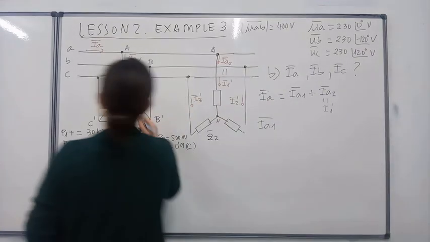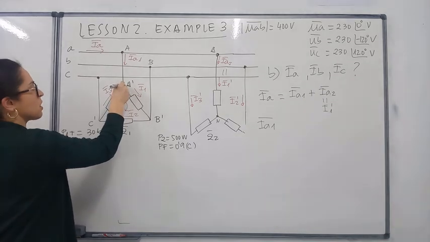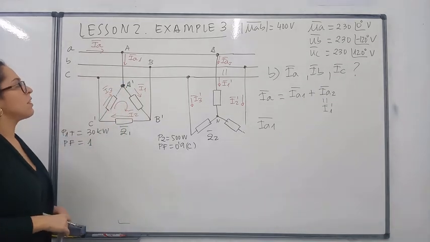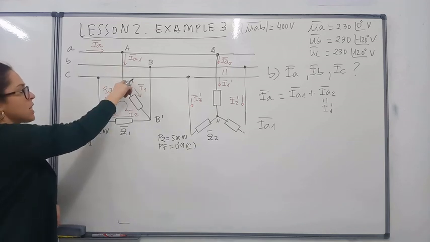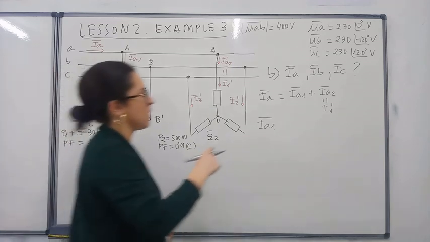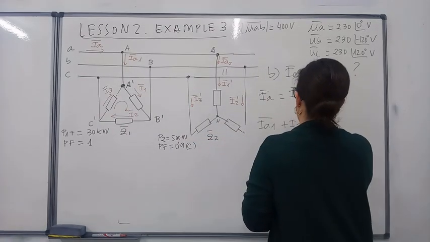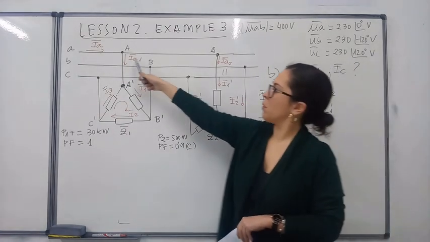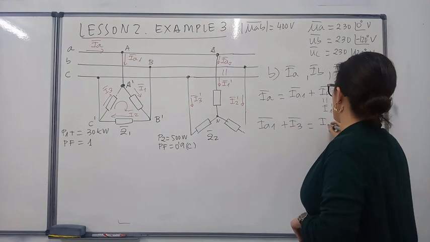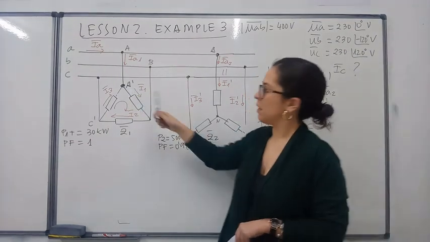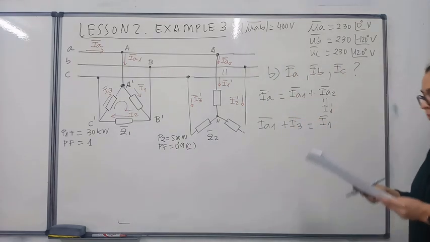Well, if you go to this node and apply the first Kirchhoff's law, the sum of both currents entering should be the same as the current which is flowing out of the node.